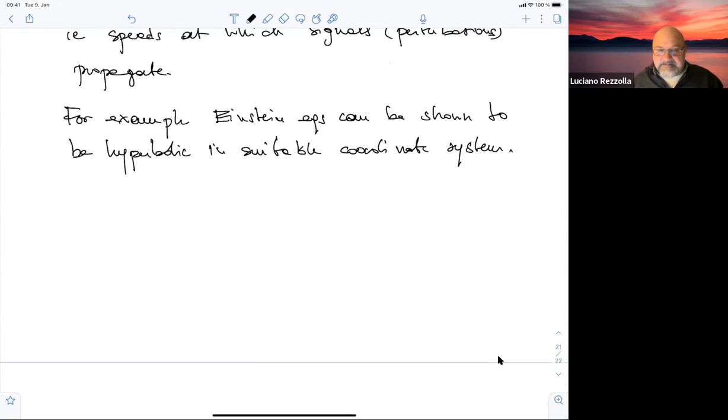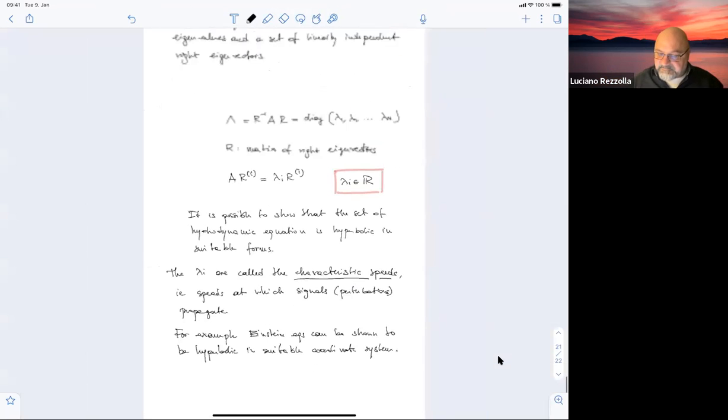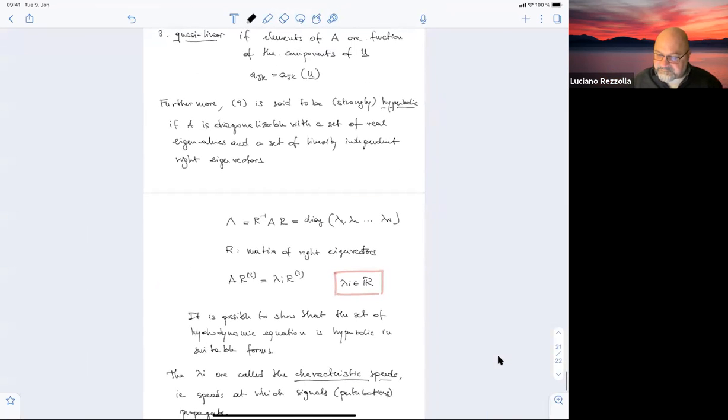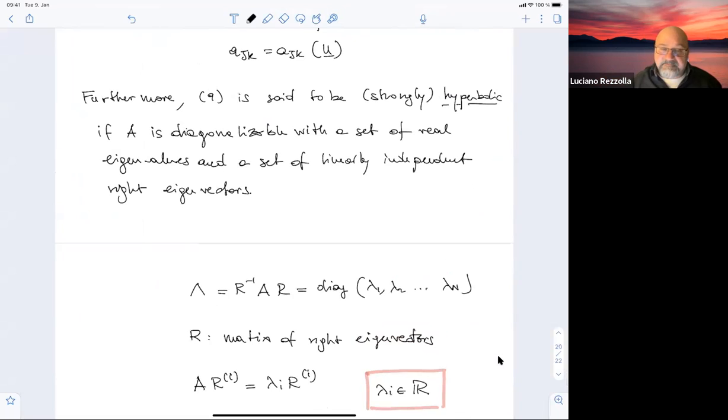Okay, so this is a lot of definitions, and in the book you can find definitions of other classes, which is not just hyperbolic. You can see, a system is weakly hyperbolic when the matrix A cannot be diagonalized.